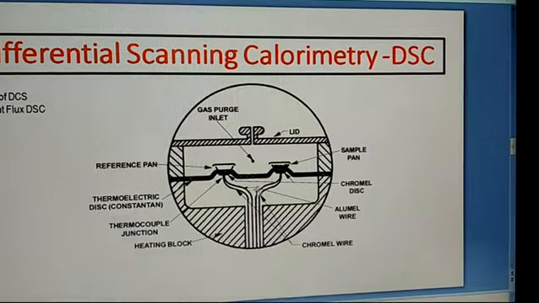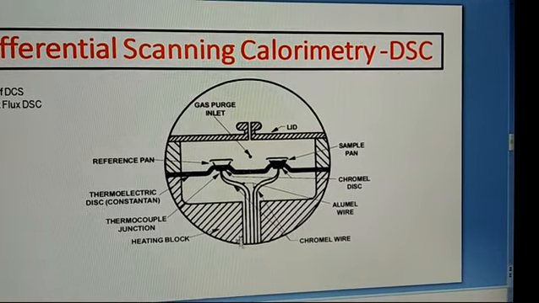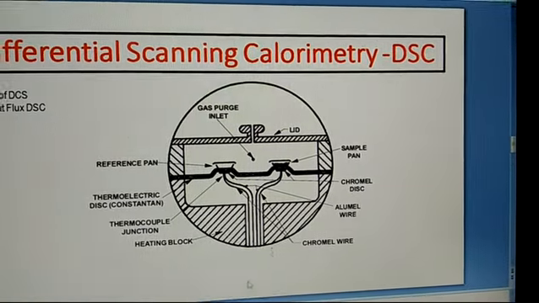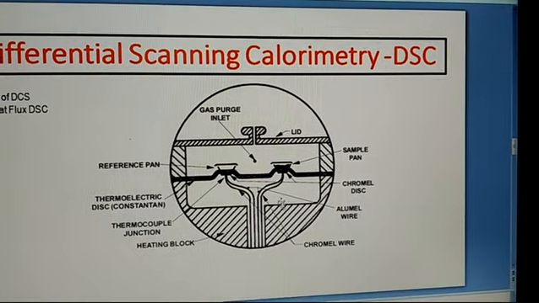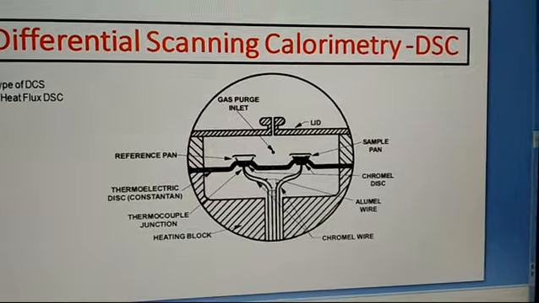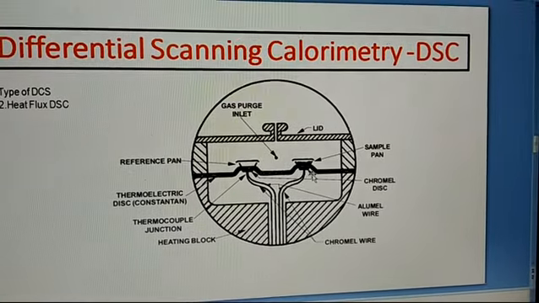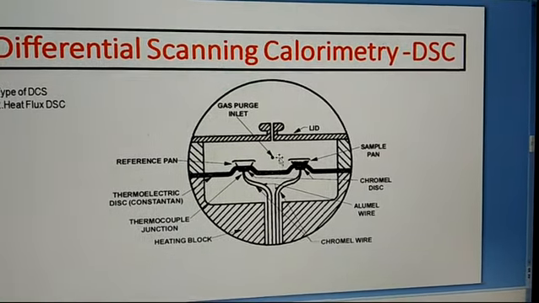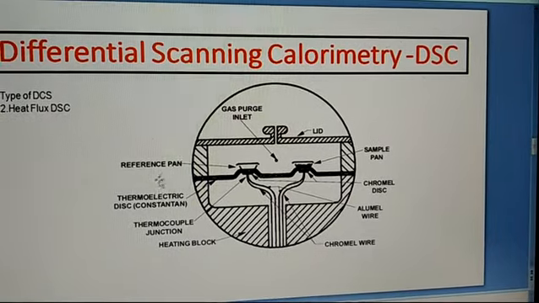And here are the aluminum wire and the conical wire. These are the sensors. These sensors are used to measure the energy provided in the DSC.